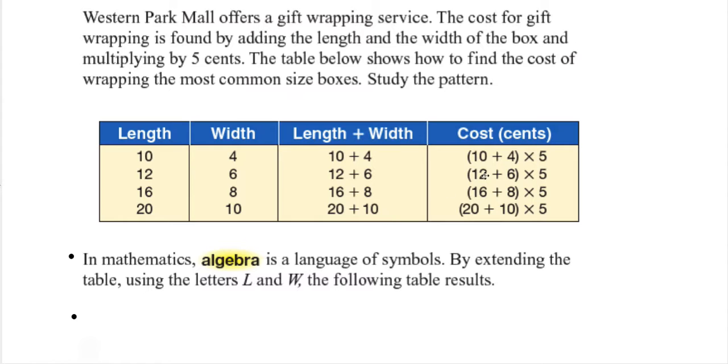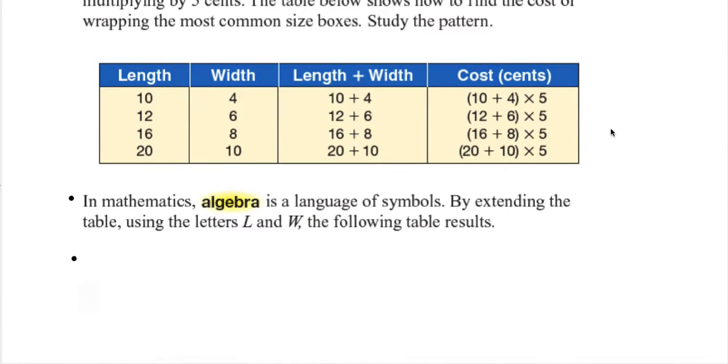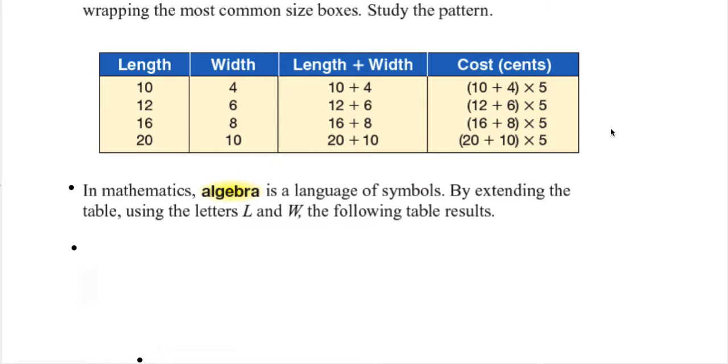Okay? So, in mathematics, algebra is a language of symbols. By extending the table, using the letters L and W, L obviously standing for length and W standing for width, the following table will result.